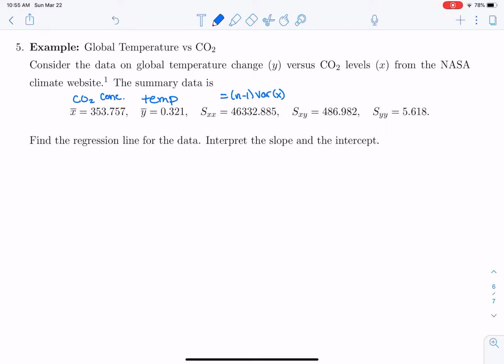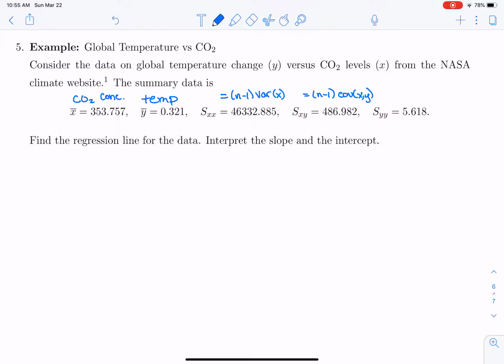We could do that by doing n minus 1 times the covariance of x and y. And they give us also S sub yy, which is defined similarly to S sub xx, but we don't need that for this computation, but we are going to need that later.